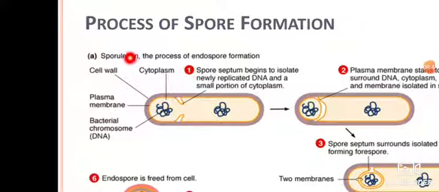Okay, so the first step of spore formation: the spore septum begins to isolate newly replicated DNA and a small portion of cytoplasm. The DNA gets replicated, it will form another budding area, and simultaneously a small amount of cytoplasm gets divided into two different parts.